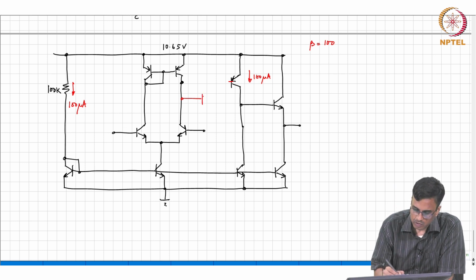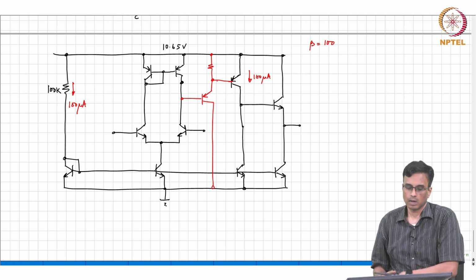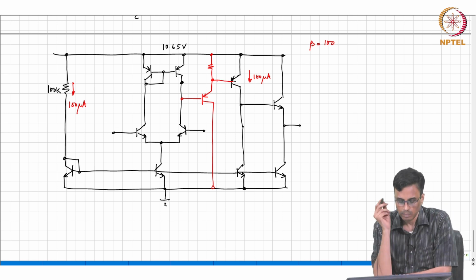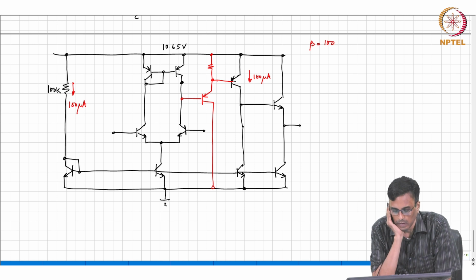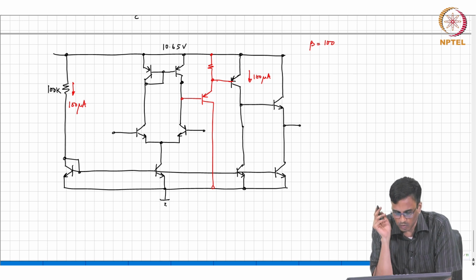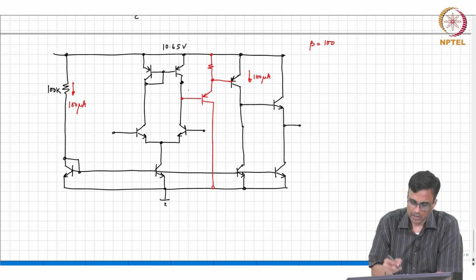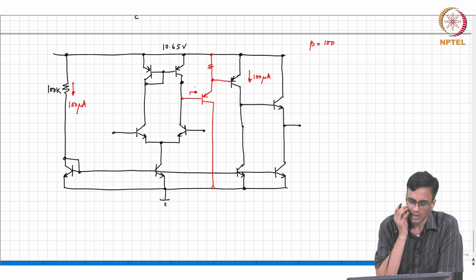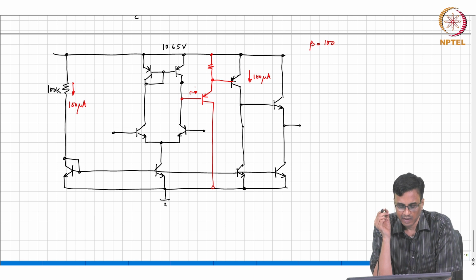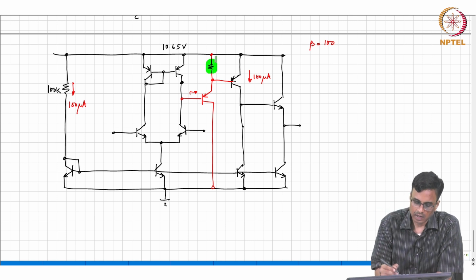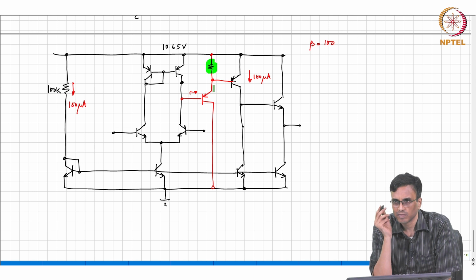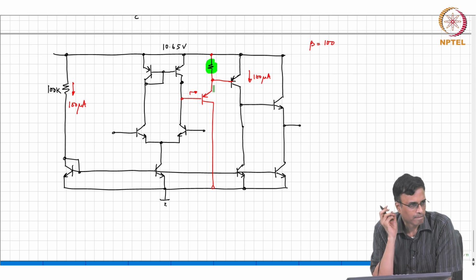PNP. So, one way to do this is just do this. Okay. The role of this is to increase the input impedance here. That input impedance will increase if this resistor is very large. The input impedance will increase by a factor of beta. So, that is one thing.